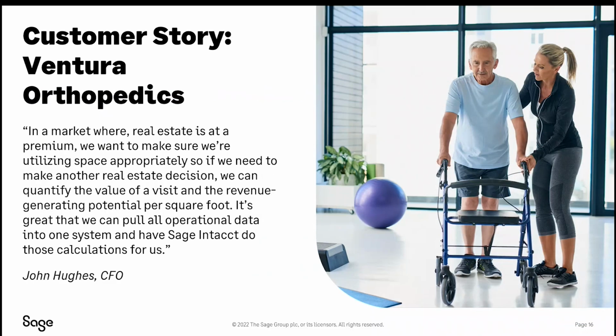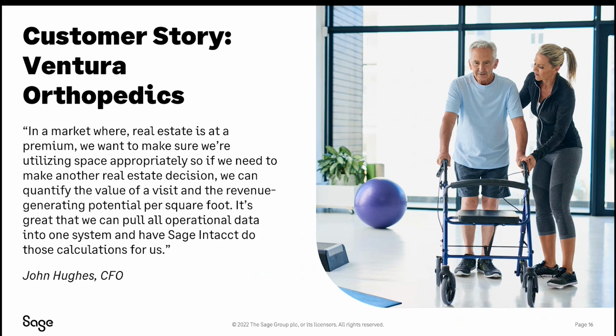Our second customer here is Ventura Orthopedics. So what was most important to them was looking at the different facilities that they had. So a lot of orthopedic offices have multiple locations, and that was the case here.